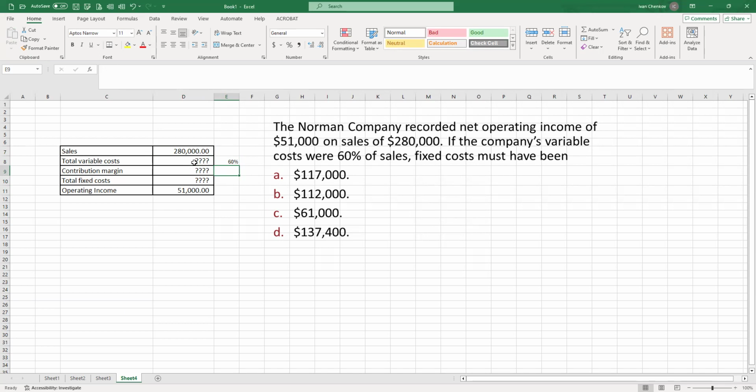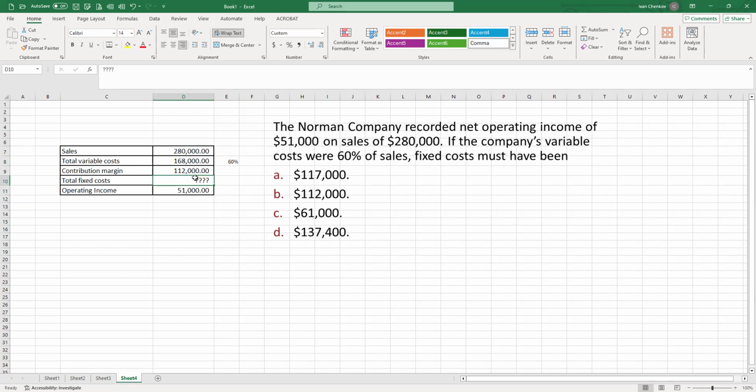So, can I get my variable cost? The variable cost is 60 percent of sales, so it's this one times 60%. That's 168,000. So can I get my contribution margin? This one, right? 112,000. So this is the operating income that I'm getting.